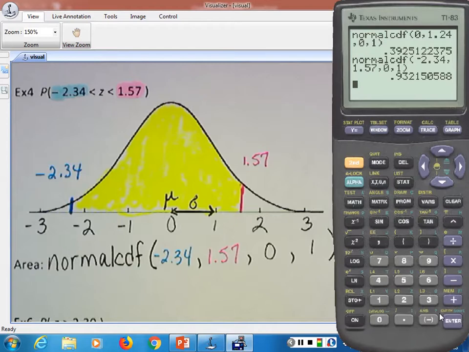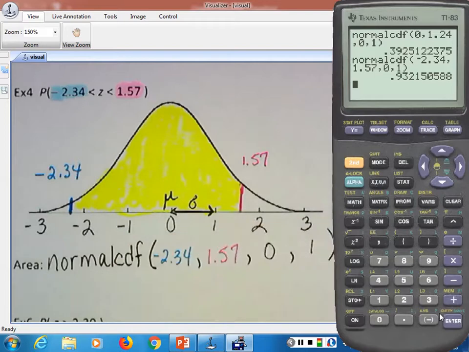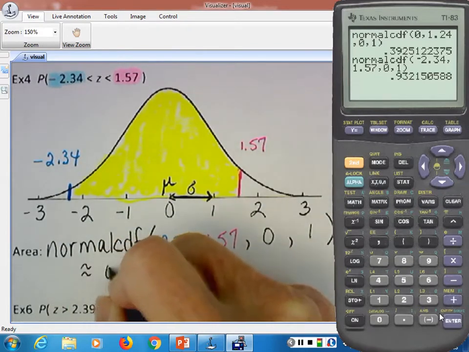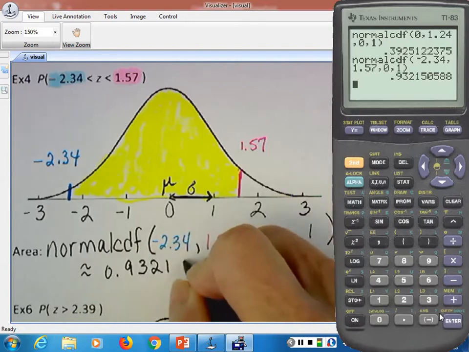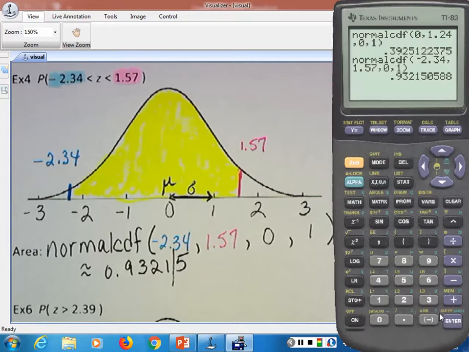And we come up with an answer that is what we would have reasonably expected, because 0.93215 is closer to 1. So this area is approximately 0.9321, and the next number is 5, so we're going to round that up to 0.9322 and drop the 5.